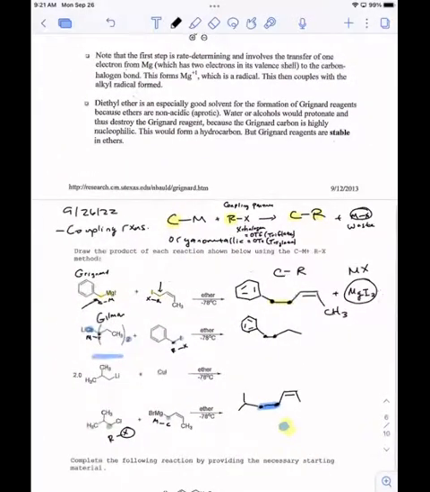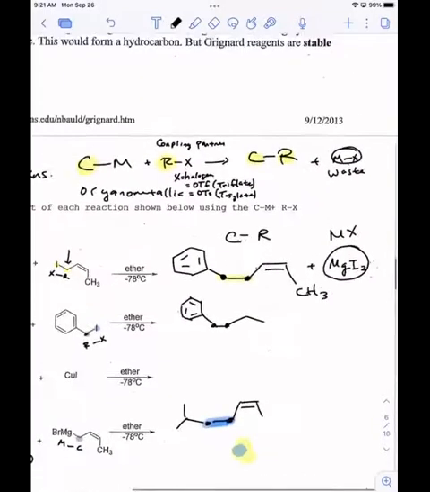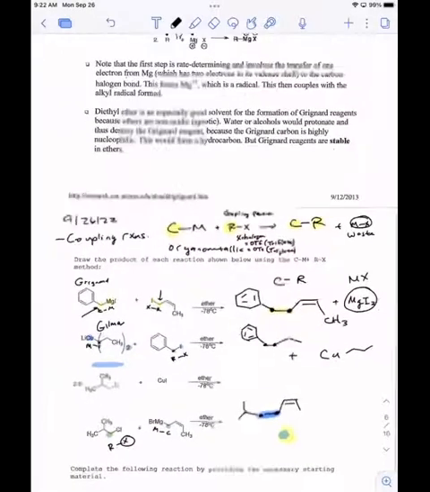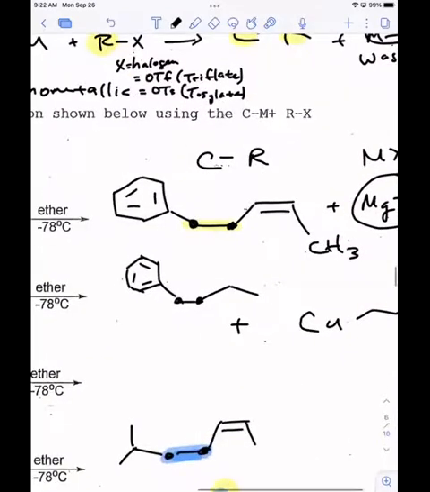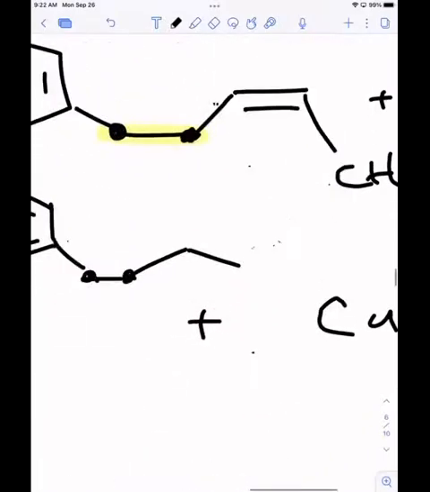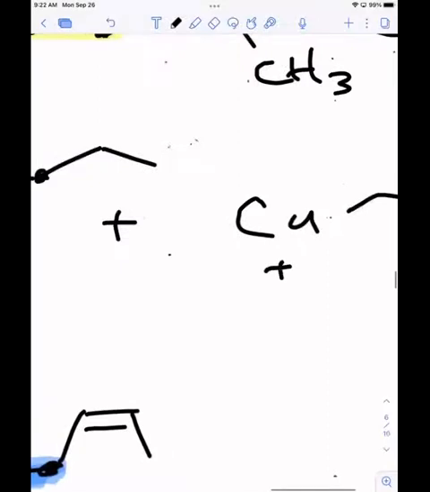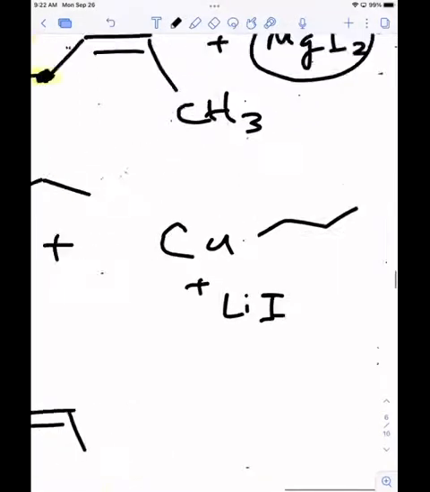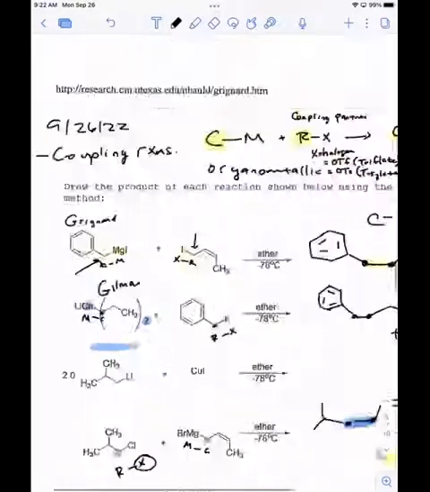So I have that plus that copper, which still has one of those 3-carbon chains on it. And then what was my X? Sorry, iodine. Plus lithium iodide. The lithium is coming from here.